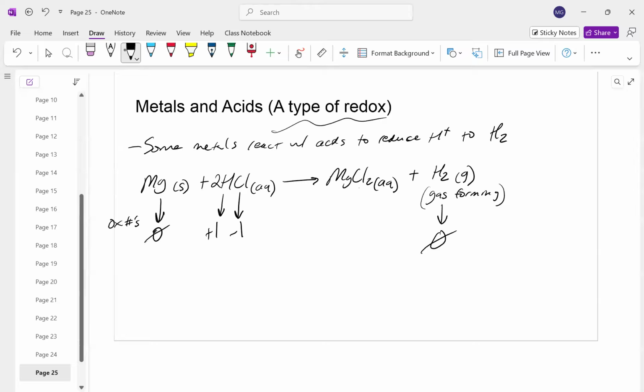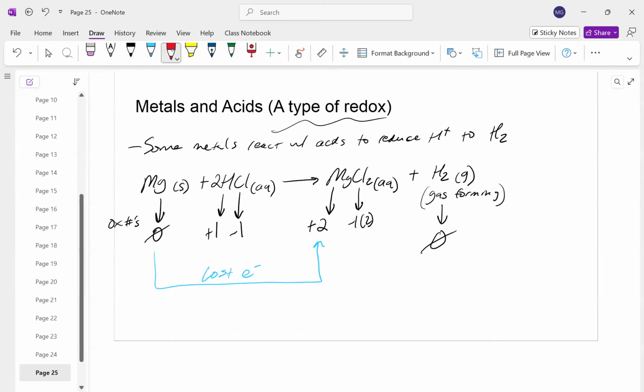And then this chlorine, again, still -1 here, but there's 2 of them. And magnesium is a group 2A metal, so it has an oxidation state of +2. And if we look at this, magnesium went from 0 to +2. It lost electrons.